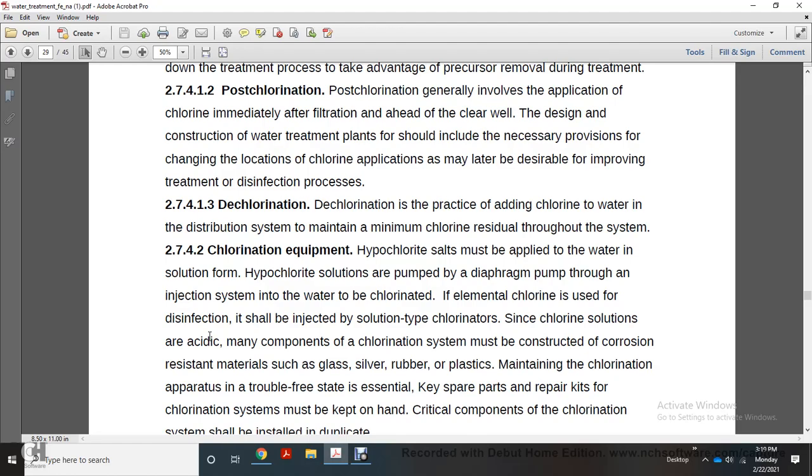Chlorine and hypochlorite salts must be applied to the water in solution form. The hypochlorite solution is pumped with a diaphragm pump through an injection system into the water to be chlorinated. If elemental chlorine is used for disinfection, it should be injected with a solution-type chlorinator. Since chlorine solutions are acidic, the main components of the chlorination system must be constructed of corrosion-resistant materials such as glass, silver, rubber, and plastic. To maintain the chlorination apparatus in trouble-free state, essential spare parts and repair kits for the chlorine system must be kept on hand.